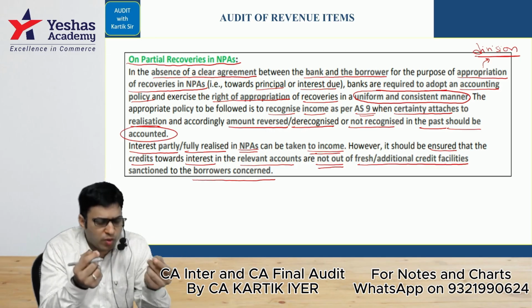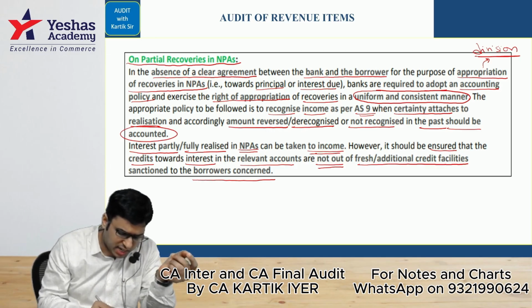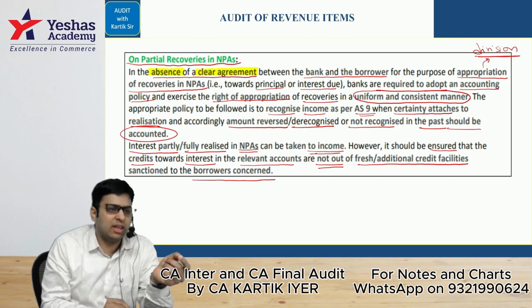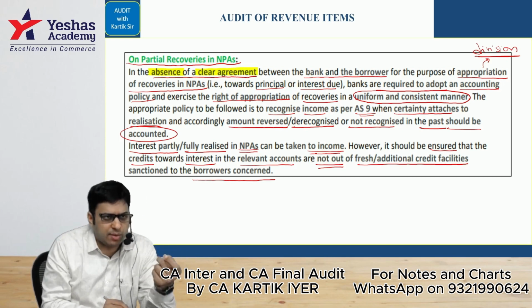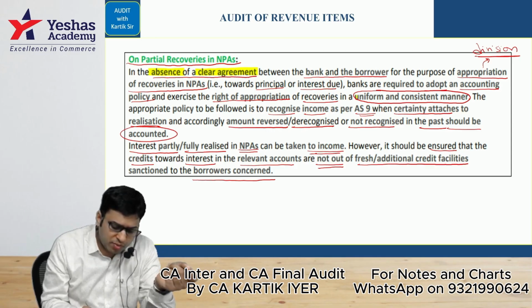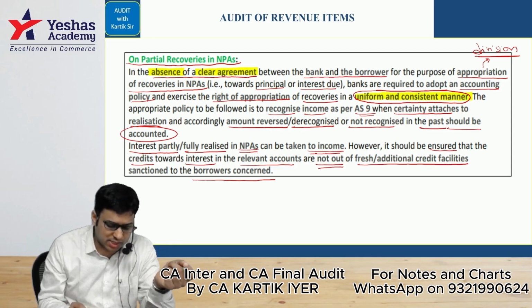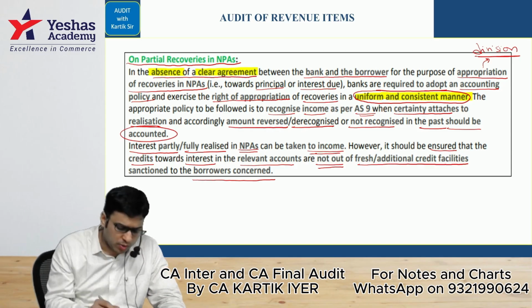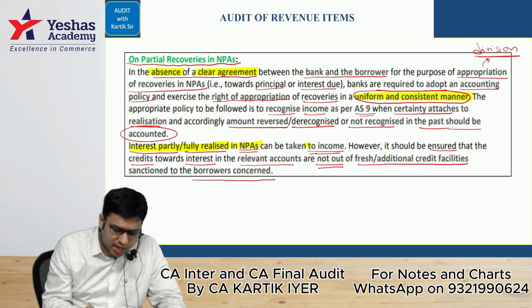So first of all, what we'll do is we'll first look at whether there is an agreement with the borrower or not. If agreement is there, great, we'll follow the agreement. If agreement is absent, then we have to follow a uniform and consistent policy. But normally, what will the banks do? Practically, I taught you, interest partially or fully realized in NPAs can be taken to income.